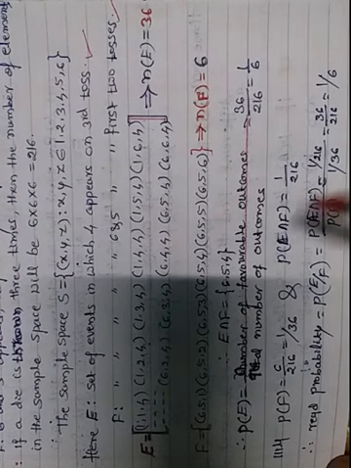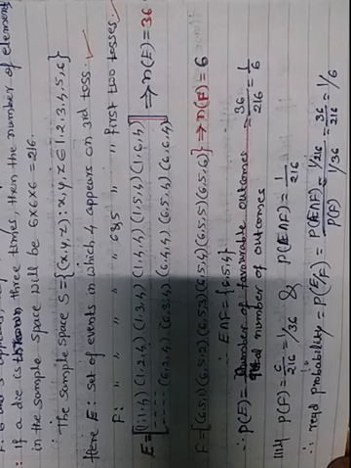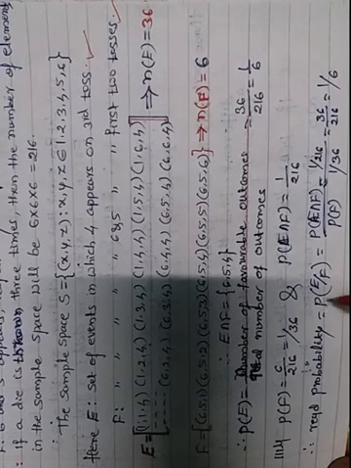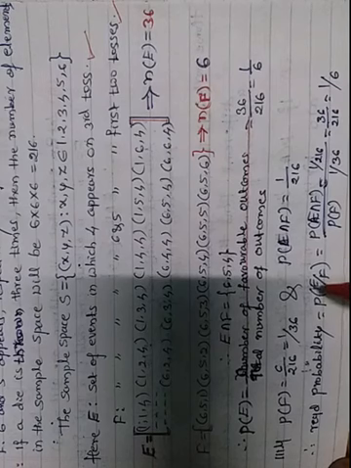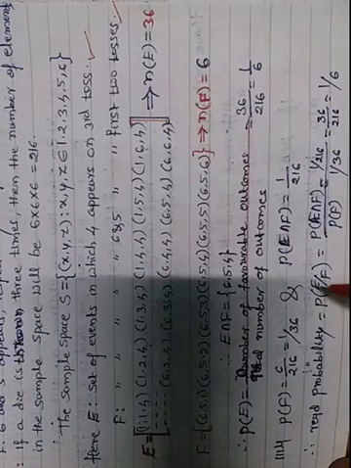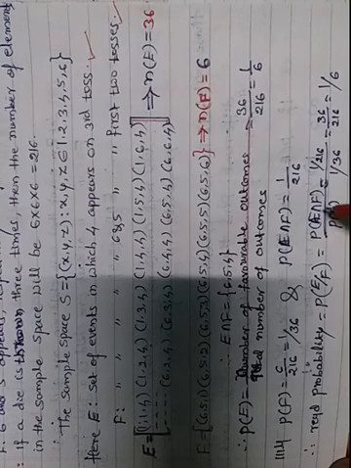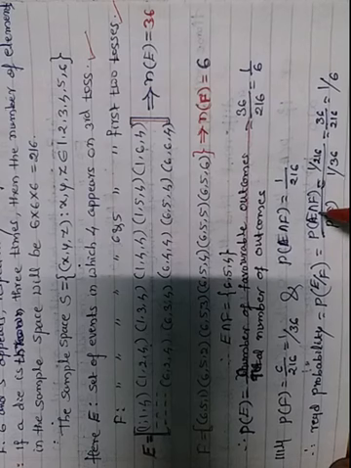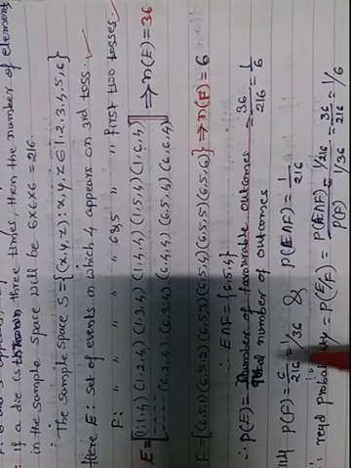After finding all these three sub-concept values, the required probability is called the conditional probability. Conditional probability is always defined by P of E by F, which equals P of E intersection F divided by P of F. Why should we find E intersection F, sir?